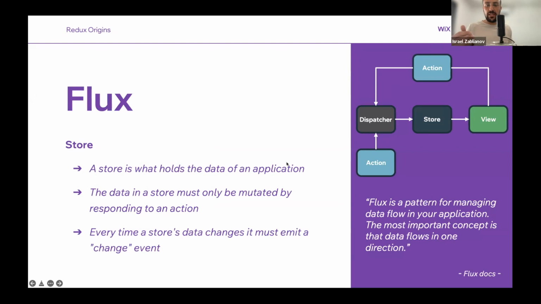So the store is registering to the dispatcher events. When the dispatcher emits events, the store takes the action, decides what to do with it, and if it wants, it mutates the data and changes it. And when it's done, it notifies all the views with the new changes. Or in other words, whoever registers to the store will get the new changes.